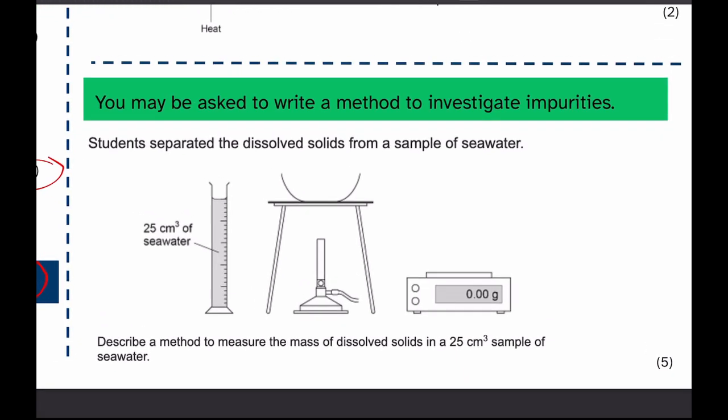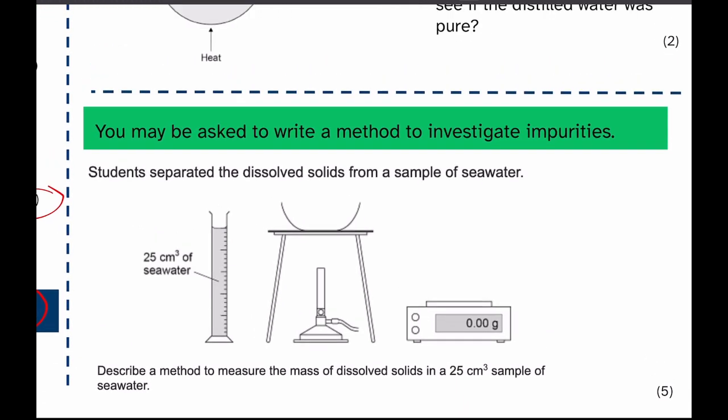And finally, you might get asked to write a method to investigate impurities. Students separated the dissolved solids from a sample of seawater. Describe a method to measure the mass of dissolved solids in a 25 centimetre cubed sample. So, very straightforward. Measure the mass of the evaporating basin on the balance.